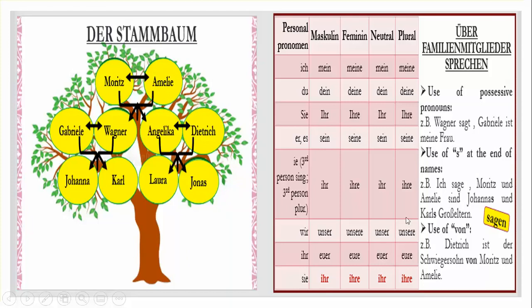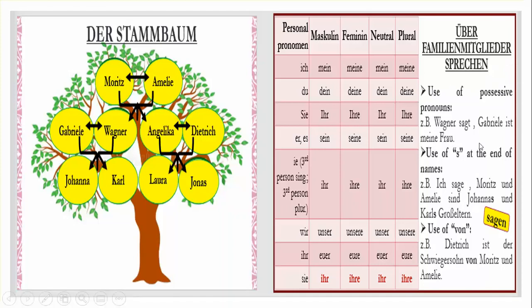So these are the three ways that we can talk about or speak about the family members. Note that a new verb here is sprechen, but I will cover this in detail in the later tutorials.